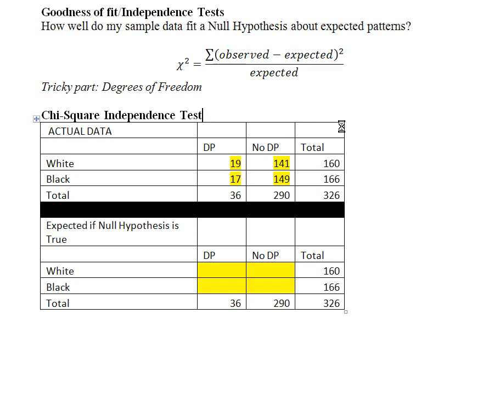Now we're going to test this. Are two things independent? Does knowing one thing change the probability of something else? Now, there are some formulas for doing this. I don't like formulas. I like understanding what I'm doing.